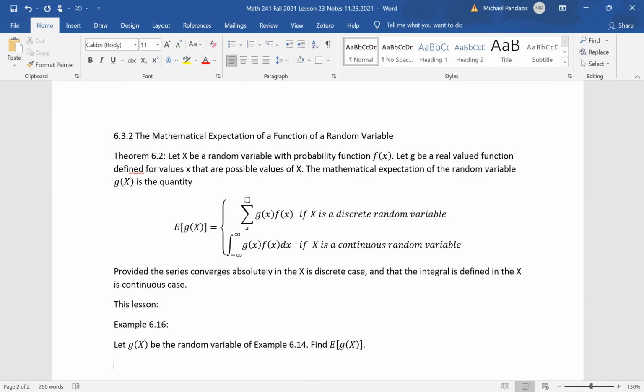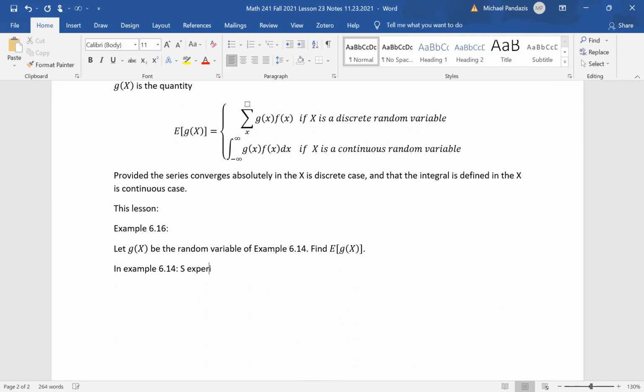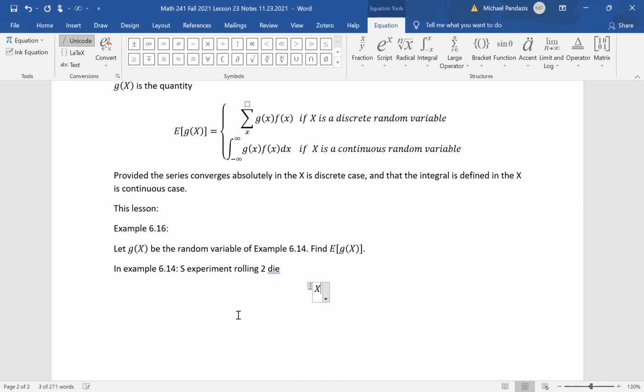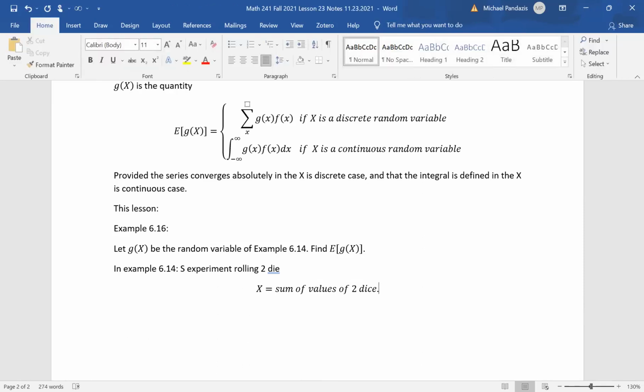Okay, so in example 6.14, we just had that S is the experiment rolling 2 fair dice, and X is the sum of the values of the 2 dice. Okay, so that's our random variable there.